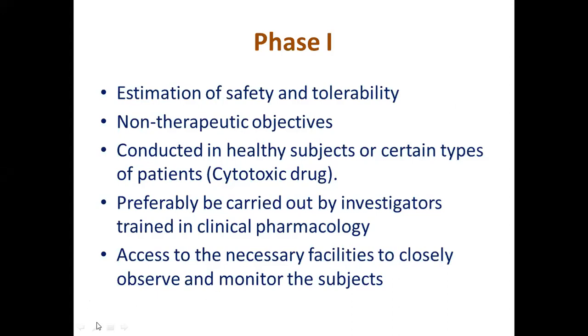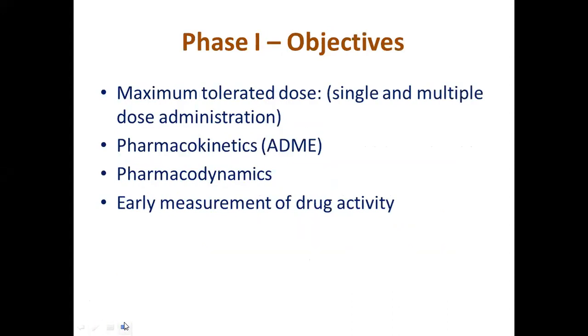Next is the objectives. If we go by the generalized objectives of a phase 1 clinical trial, we need to find the maximum tolerated dose. It can be done by single ascending dose studies or multiple ascending dose studies.